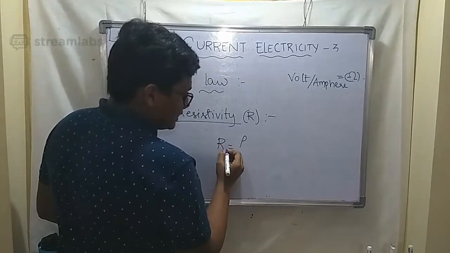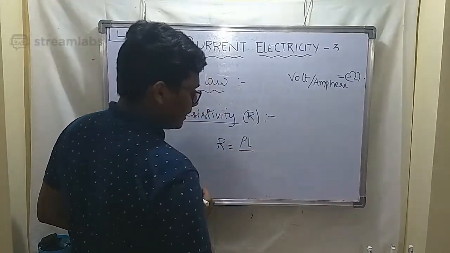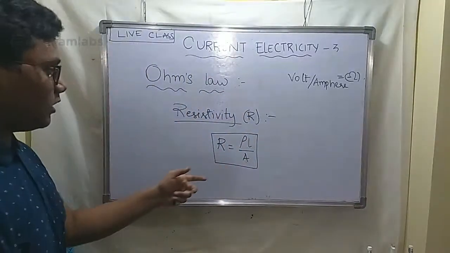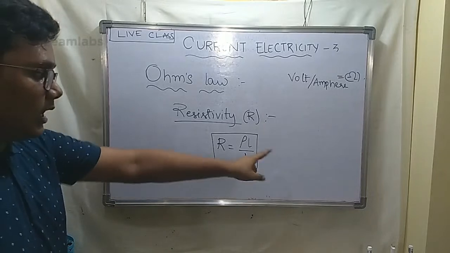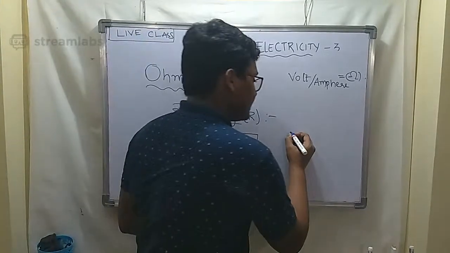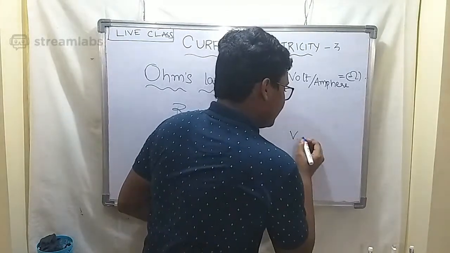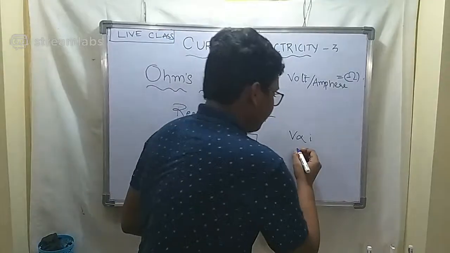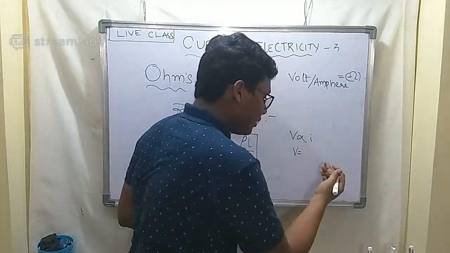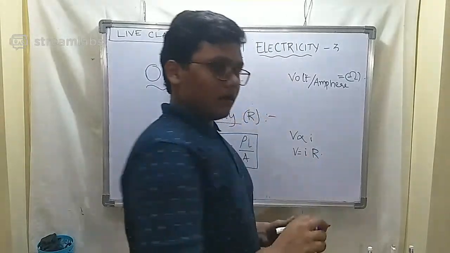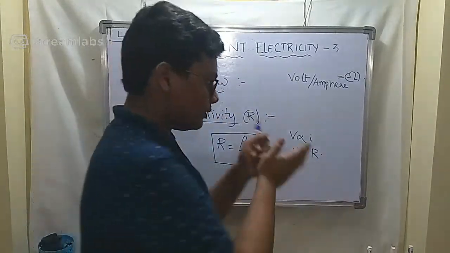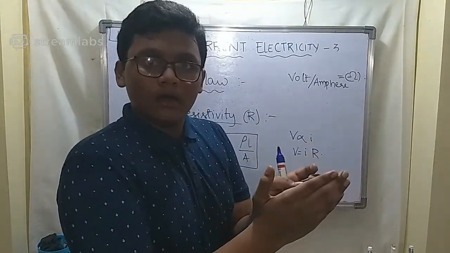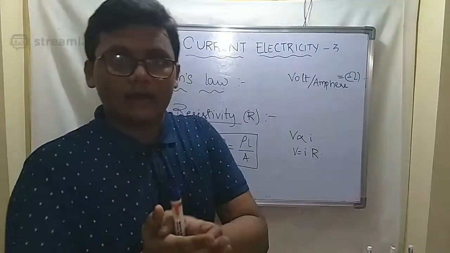R is equal to rho L by A. We already derived this formula. Or we can say in another method that V is proportional to I. The statement is V is proportional to I. If we make it an equation, then we take a constant R. In mathematics, if V is proportional to I, then V is equal to IR.